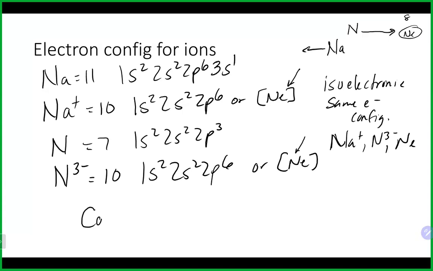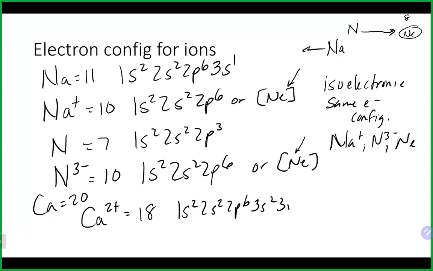If you looked at calcium that has a +2 charge, calcium with no charge is 20 electrons, with a +2 charge will be 18: 1s2, 2s2, 2p6, 3s2, 3p6. 18 on the periodic table is argon, which comes again right before calcium on the periodic table.